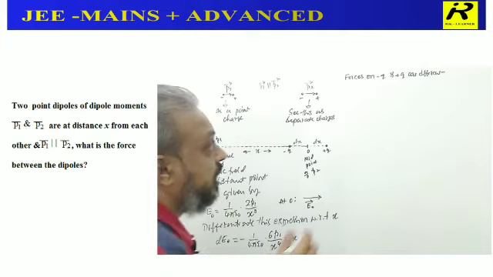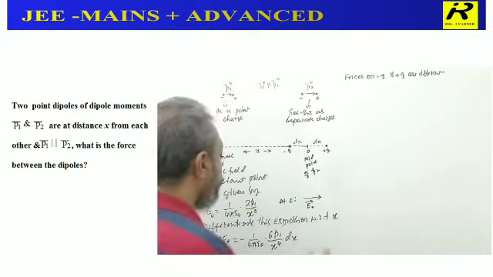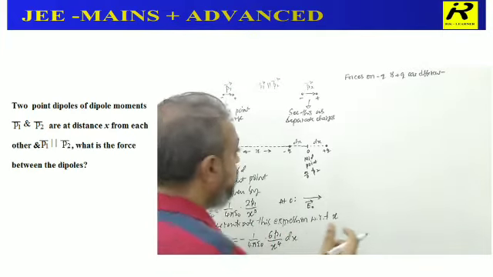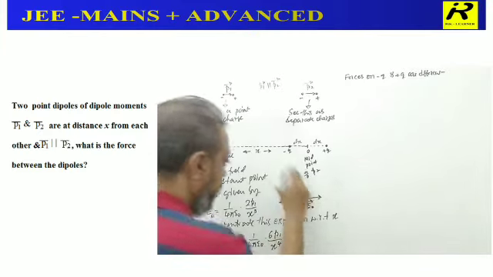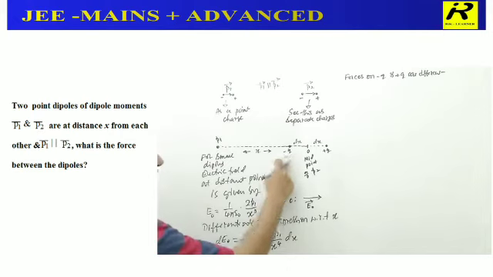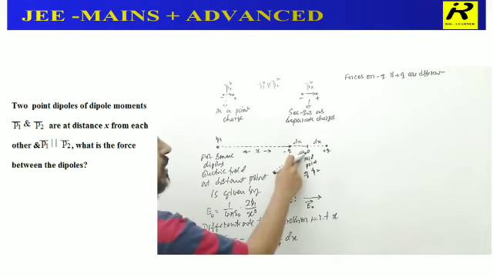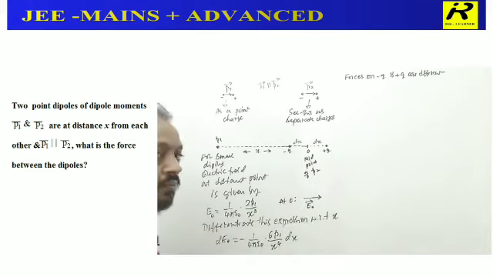For that, I first calculate how much is the force on this one. Since it is a negative charge and the electric field at this point is acting in this direction, and the change is what we observed here, right.